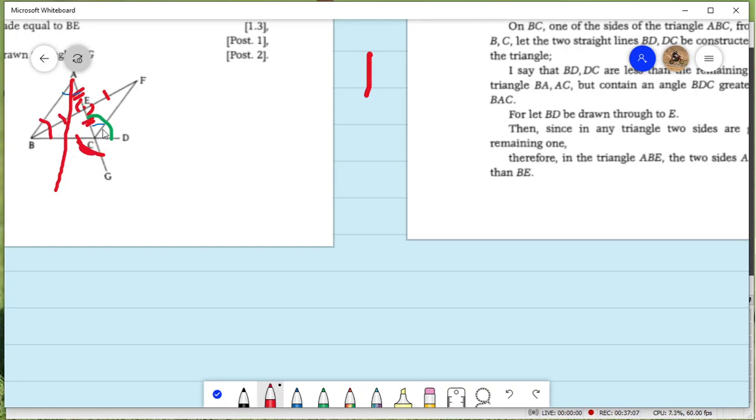And since this is equal to this by congruency of vertical angles, then the green angle should be greater than this angle here.